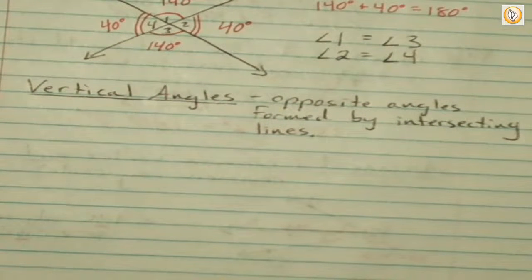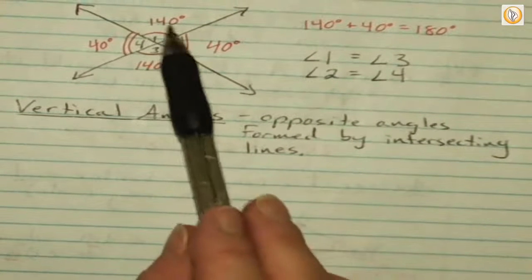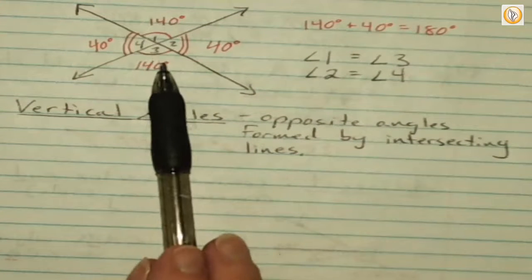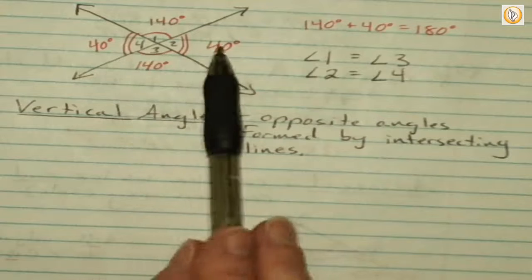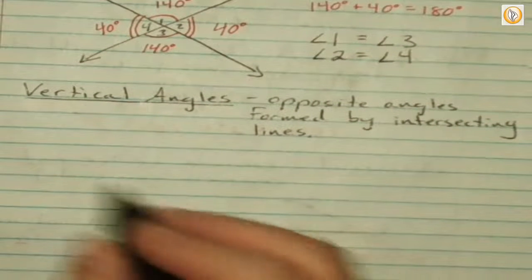Vertical angles are opposite angles formed by intersecting lines. So 1 and 3 are vertical and 2 and 4 are vertical. Y'all see that? Okay.